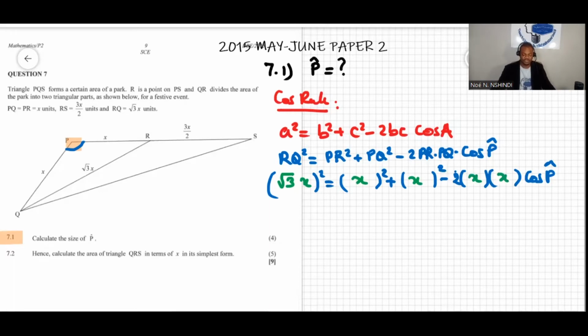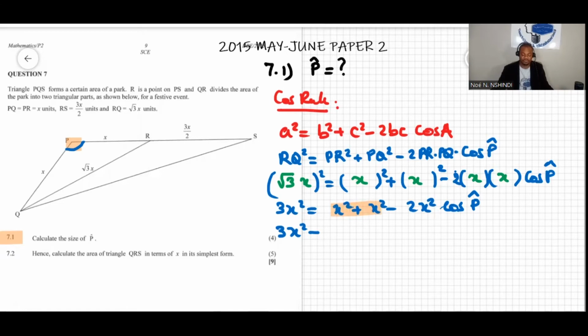So we can solve this. This will be 3x squared equal to x squared plus x squared minus 2x squared cos of the angle P, because x times x makes x squared. Now we can move the x squared over, so x squared and x squared make 2x squared.